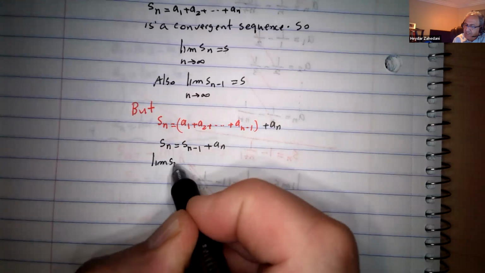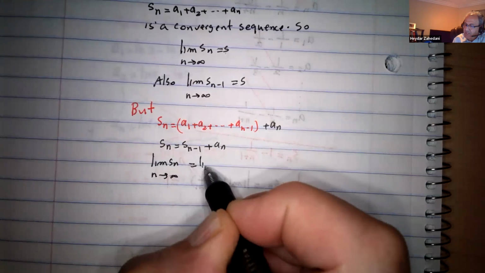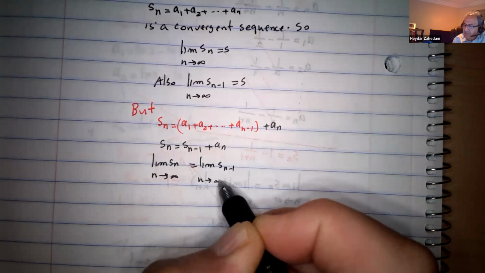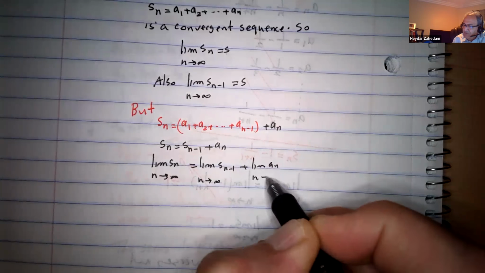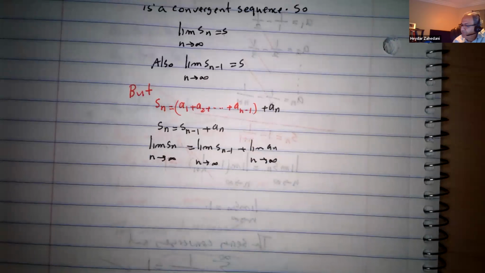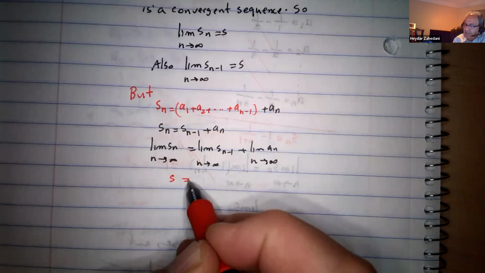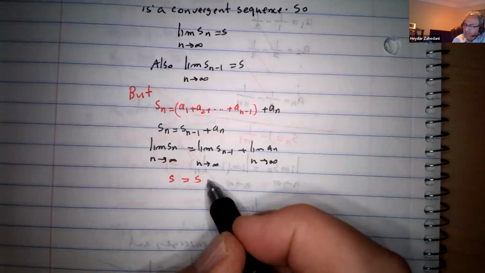Limit of Sn as n goes to infinity is equal to the limit of S(n-1) as n goes to infinity, plus the limit of an as n goes to infinity. And remember, this is S, and this is S. And the other one is your unknown.